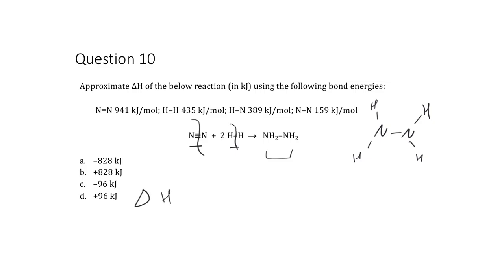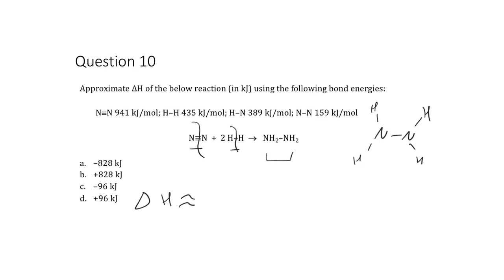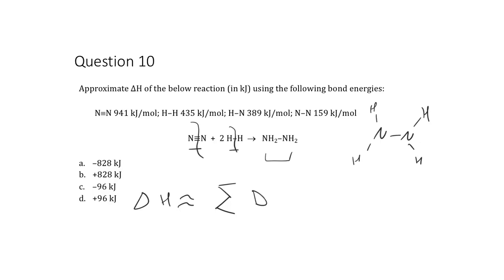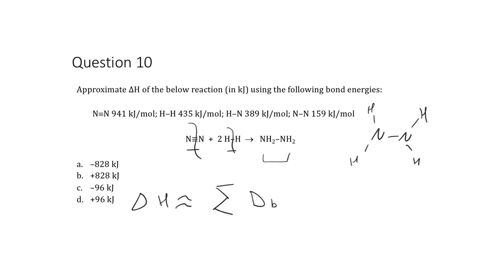So our delta H is approximated here from the sum of the bond strengths of the broken bonds in the reactants, minus the sum of the bond strengths of the formed bonds in the products.